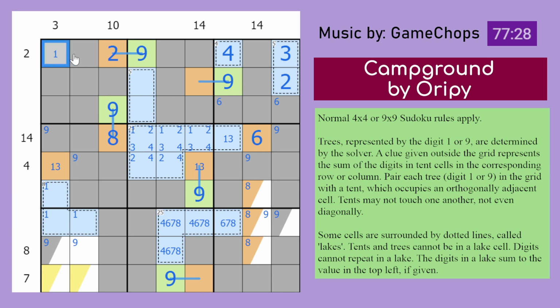If it's 1, it has to be with 6, 7, or 5, 8. Can we figure out which is wrong here? I don't know, but if it was 3, it would have to be 3 with 4, 7, or 5, 6, right? So those are our options.